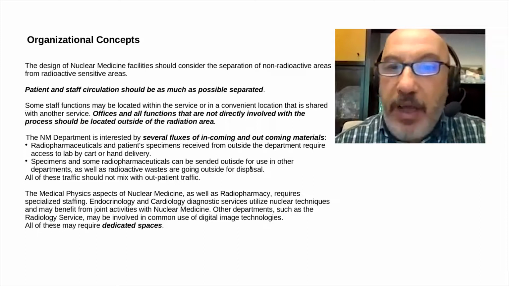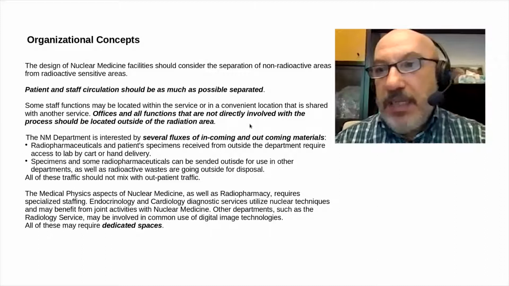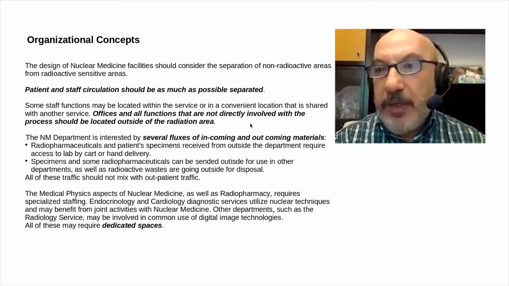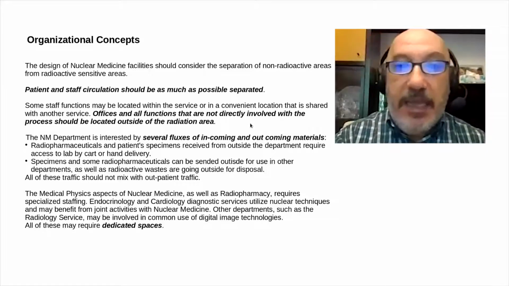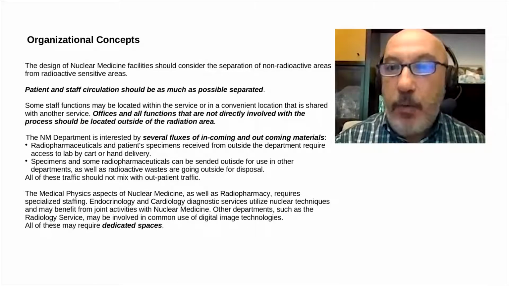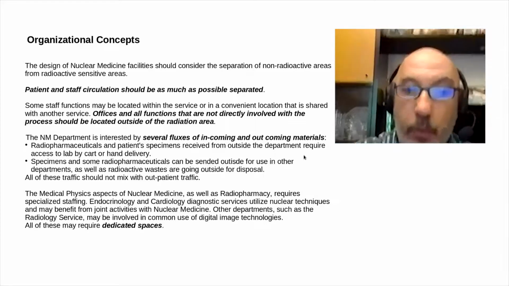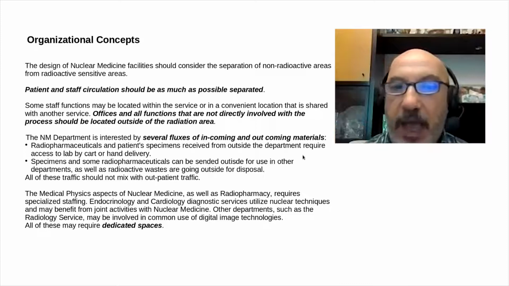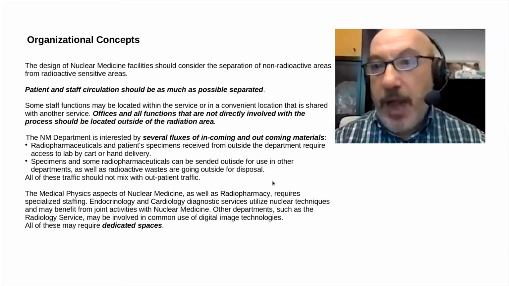Also, we have other fluxes like incoming and outgoing material. For example, we may have radiopharmaceutical arriving and radioactive waste exiting. We should try to keep all these fluxes well organized and possibly separated. Also, apart from the nuclear medicine staff properly said, there will be other staff coming from other departments.